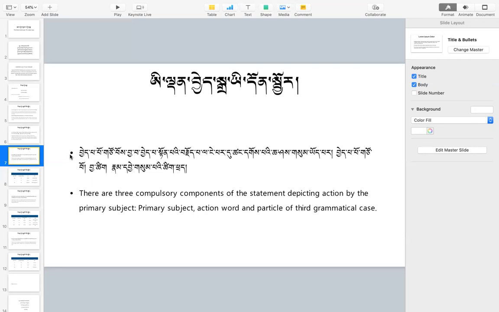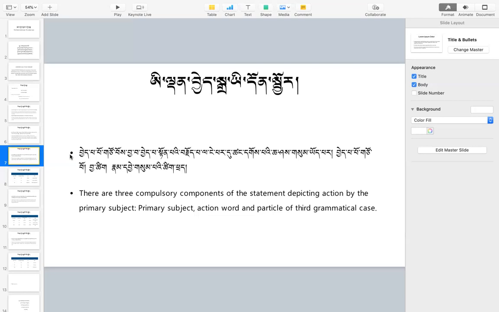So when we talk about compulsory, we're not referring to compulsory as in meaning or understanding, but compulsory as in writing. We already discussed that a statement could be very long, in which you can explain a lot of things and add many different types of words to make it sound much better, much like decorations.